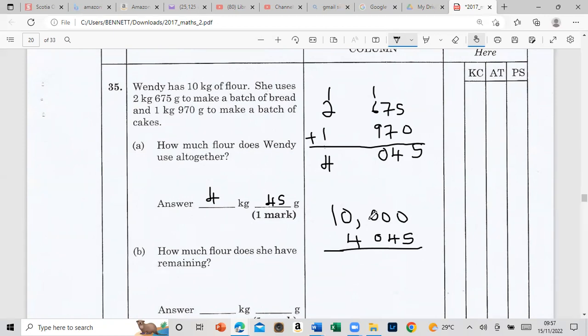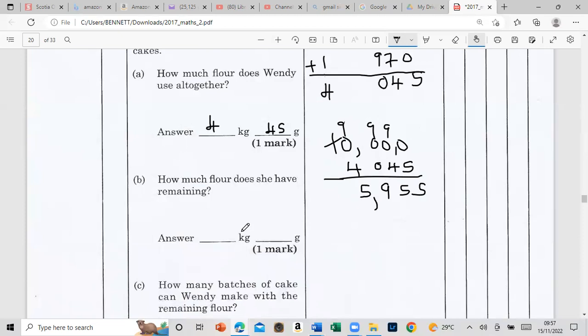Here 0, so you borrow. Borrow that one. This 9, 9, 9, 1. That makes 5, 4 from that, like 5, 3 from that, like 9, 4 from 9, 5. So it would be 5 kilograms remaining and 955 grams. So some bad question you guys set in on. I salute you guys.